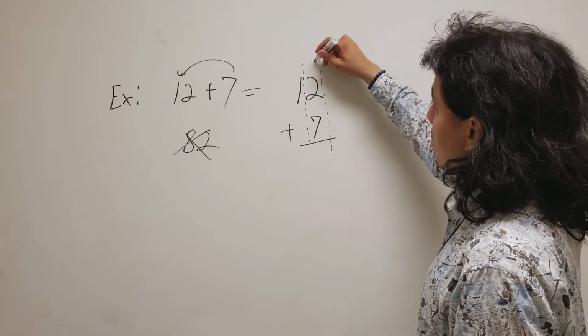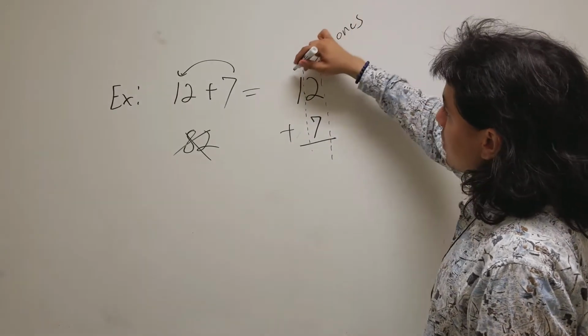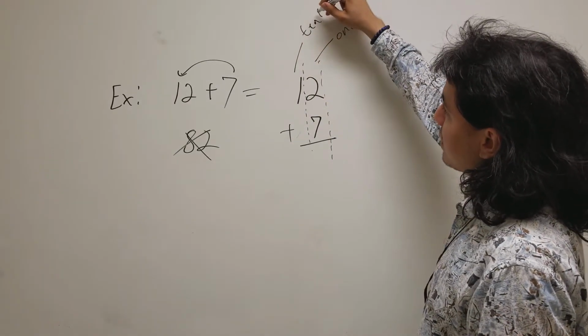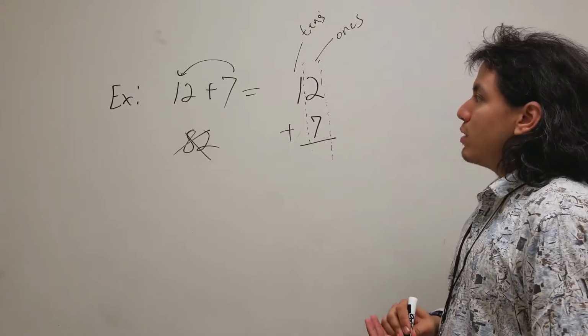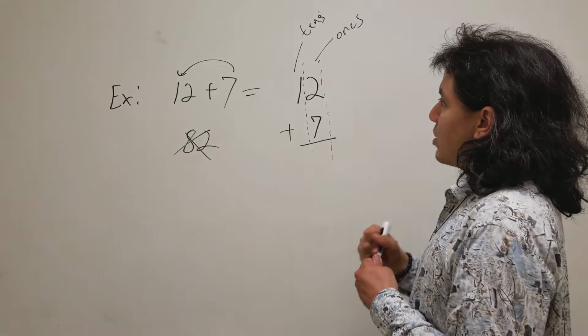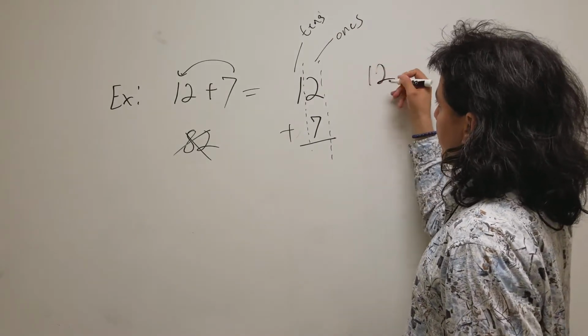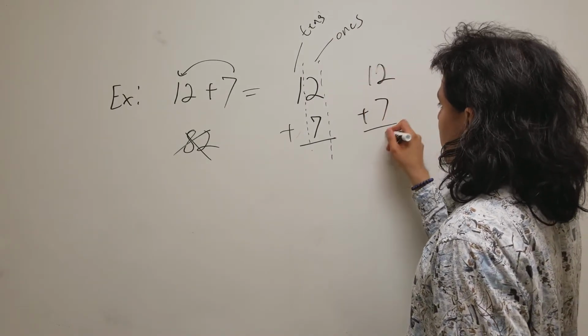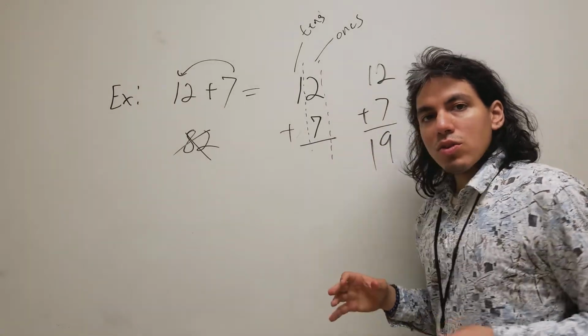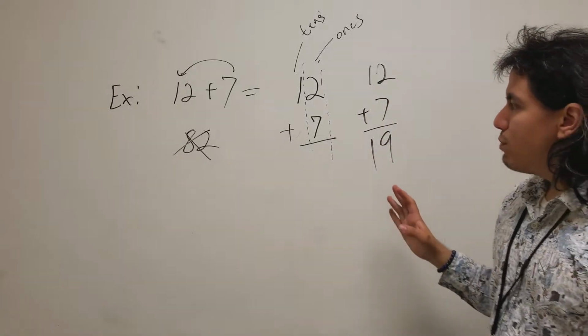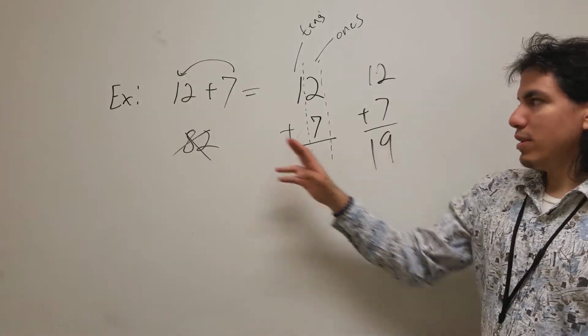So here, these are the ones, and then the second ones are the tens, and so forth and so on. So if you were to actually add this up, 12 plus 7 is simply 19. So it's better to do it this way rather than obviously this way.